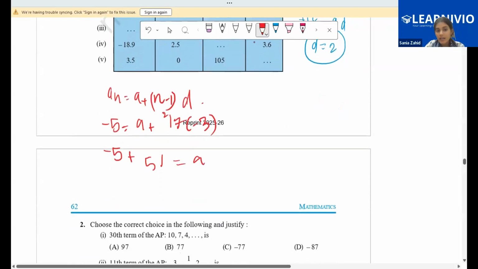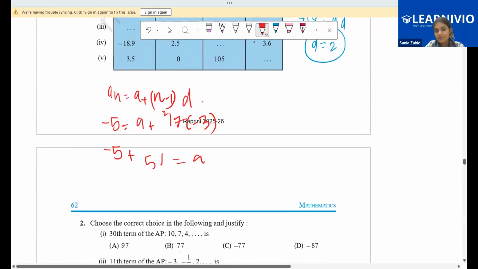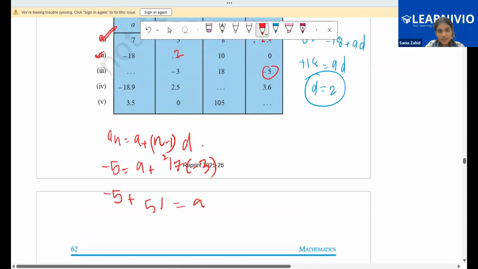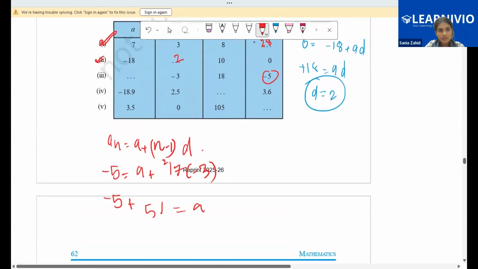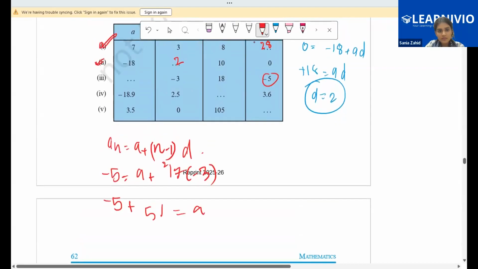How come 61? 17 into minus 3, you will get minus 51, and then on transposing, you get plus.